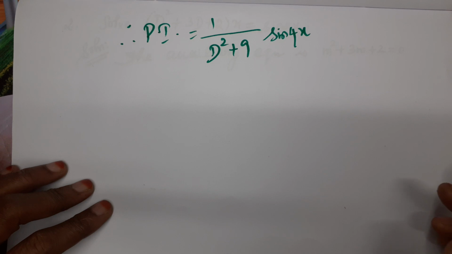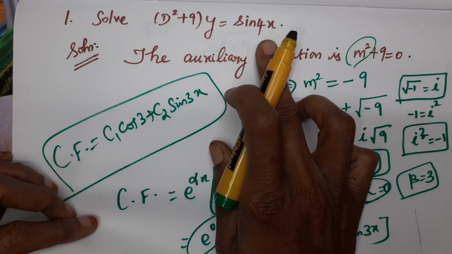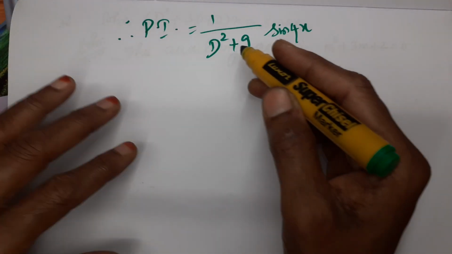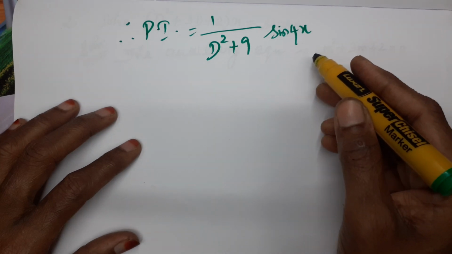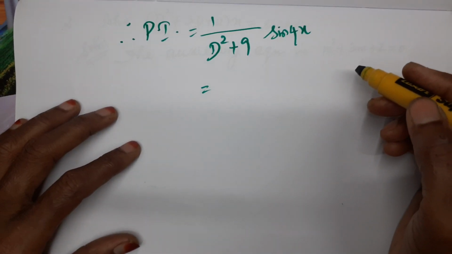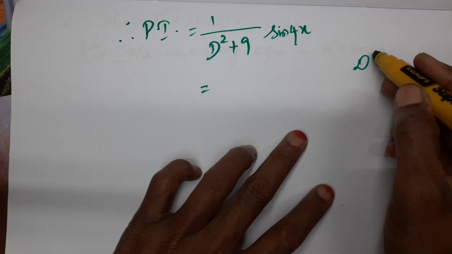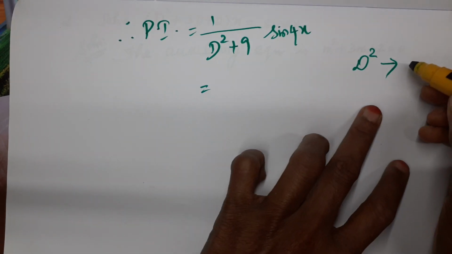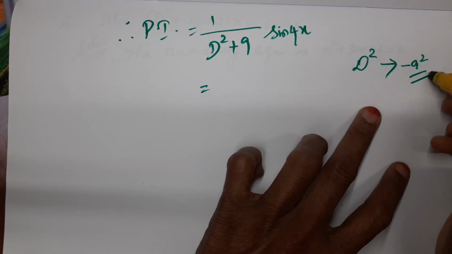Now come to the particular integral. Particular integral is equal to 1 by d square plus 9 into the right side value. The right side value given is sin 4x. So 1 by d square plus 9 into sin 4x. In this format, we have to replace every d squared by minus a squared. What is a?